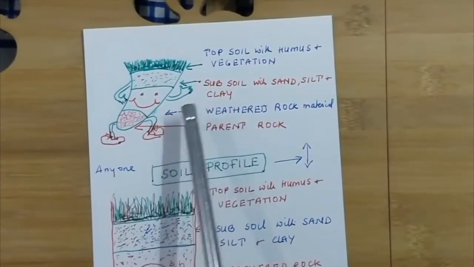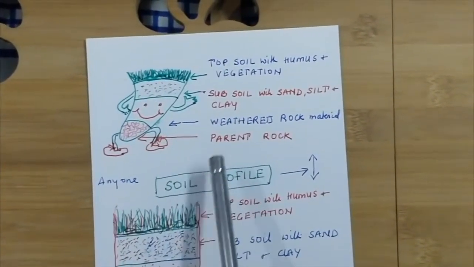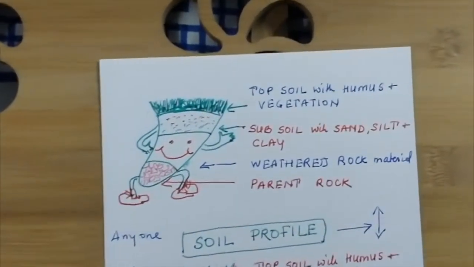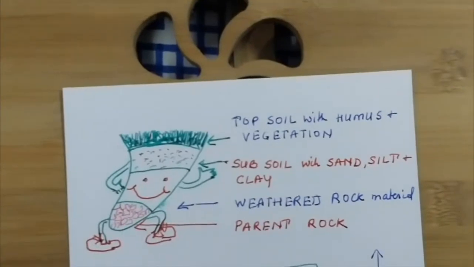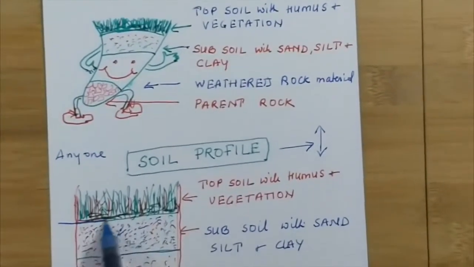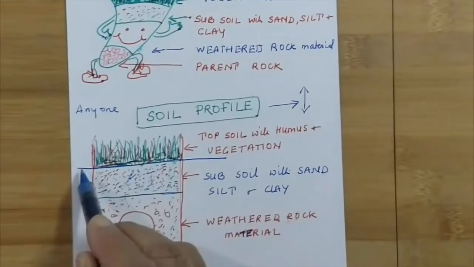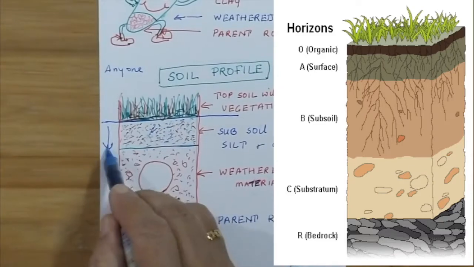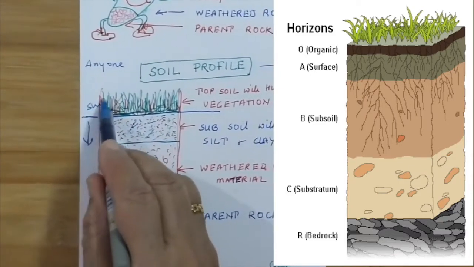Here, we can make these diagrams any way we want. We are just showing you the profiles. Now, when we are talking about a profile, we cut the surface soil vertically. What do we have underneath the surface?